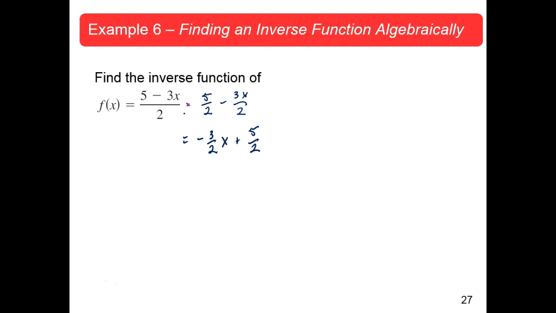Now, I really don't care what the intercept is too much. If I was going to graph it, I really would. But I'm not graphing it if I can help it. So this has a slope of minus, no, that's the y-intercept. The y-intercept is 5/2. The slope is the minus 3/2 x. M is the slope in mx plus b.